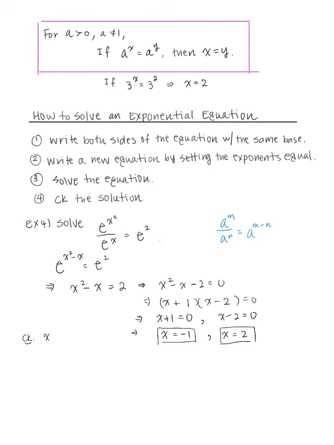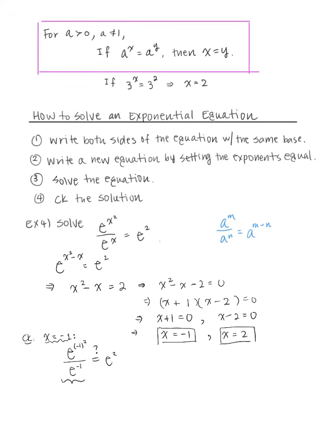Let's check our proposed solution when x is negative 1. I'm going to plug that back into the original equation. So here you're going to have e to the negative 1 squared over e to the negative 1. Is that going to equal e squared? Let's work it.